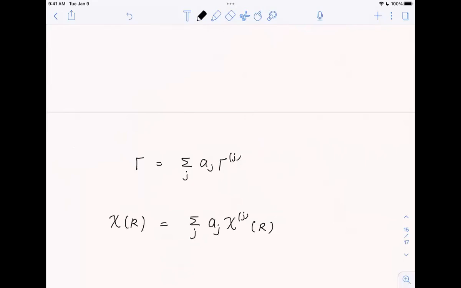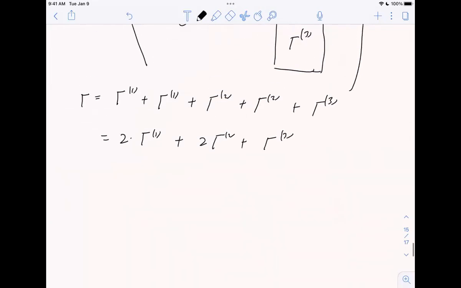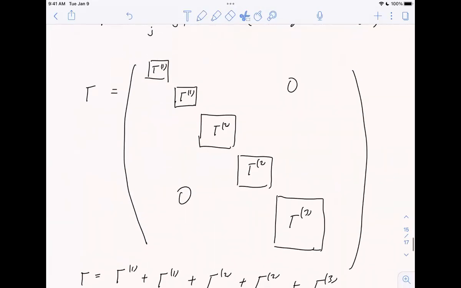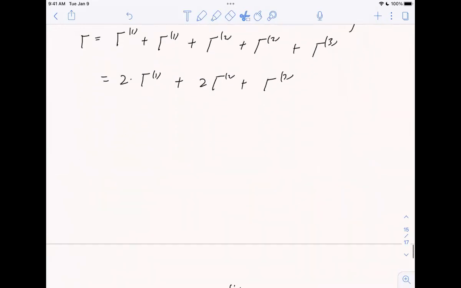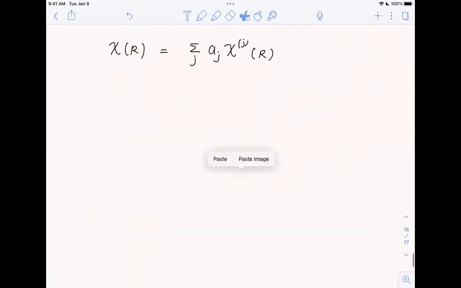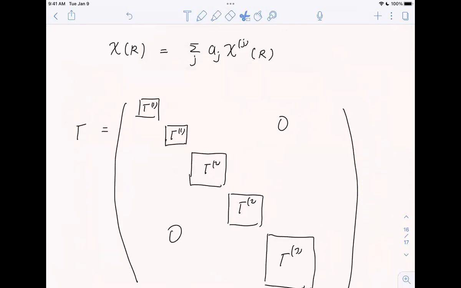So why is this the case? Let me copy this thing again. Let's put in some numbers.